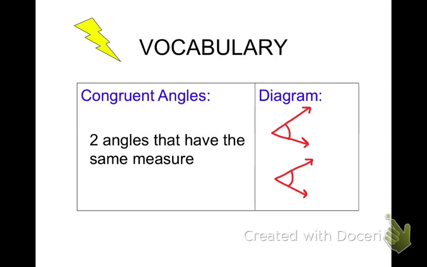And if I call that top angle, let's say angle A, and this bottom one angle B, then I could say that angle A is congruent to angle B. Okay, so we have that. Flip on to the back, and let's see if we can identify the two sets of congruent angles.